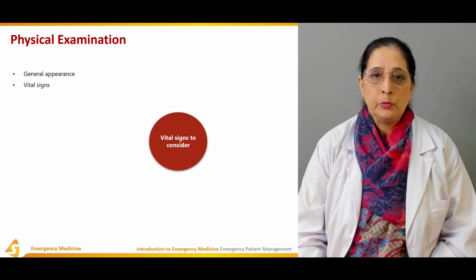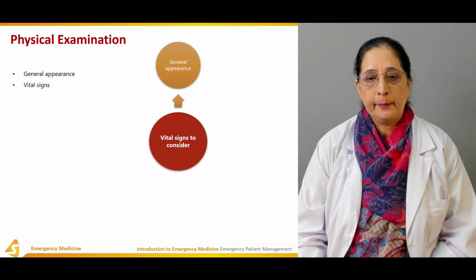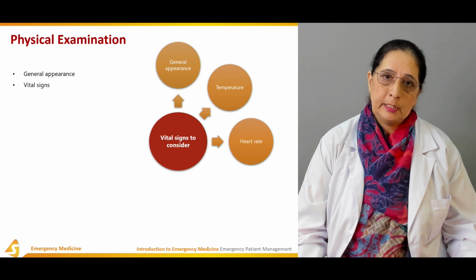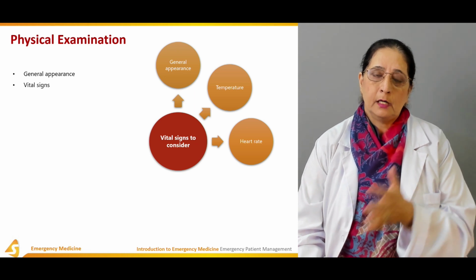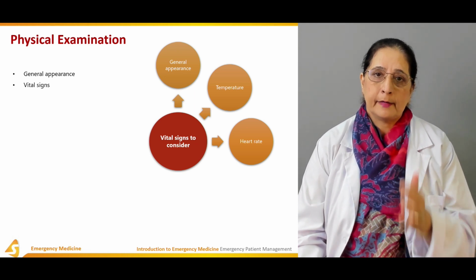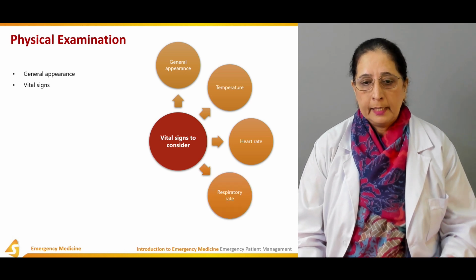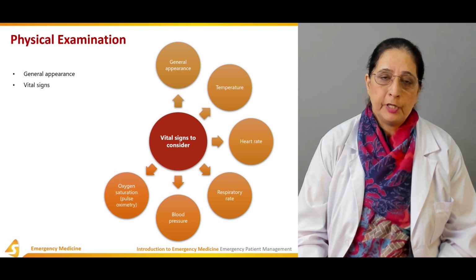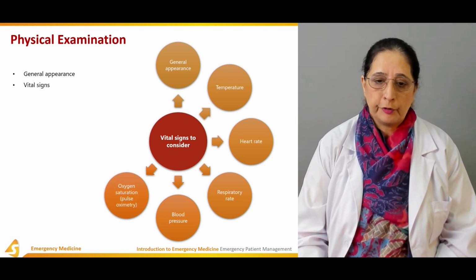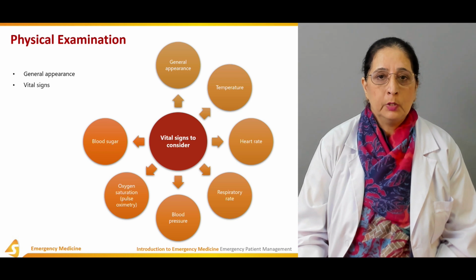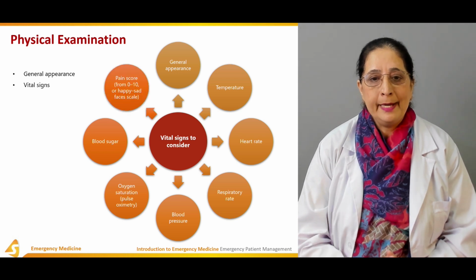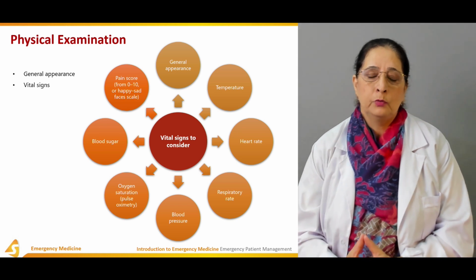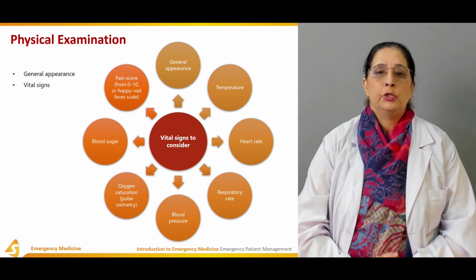Vital signs to consider are the general appearance, temperature, heart rate, which is the pulse. So TPR: temperature, pulse, respiration. Then we have blood pressure, oxygen saturation, pulse oximetry, blood sugar level, and the pain score of the patient from 0 to 10 that should be noticed.